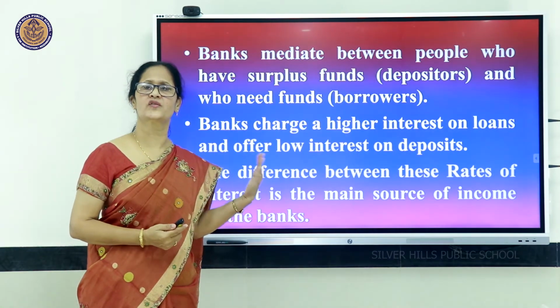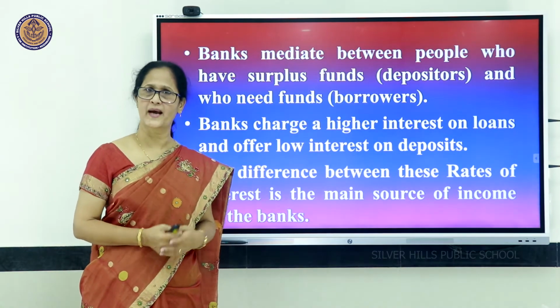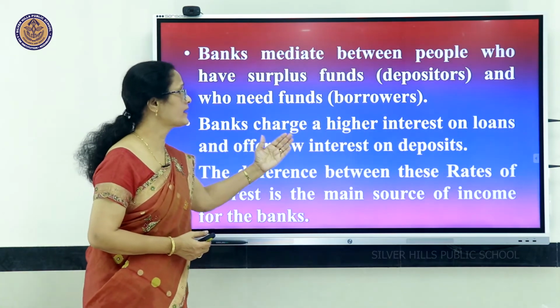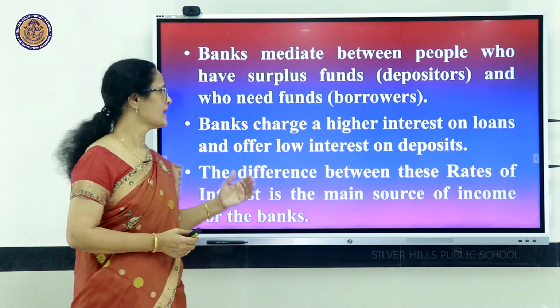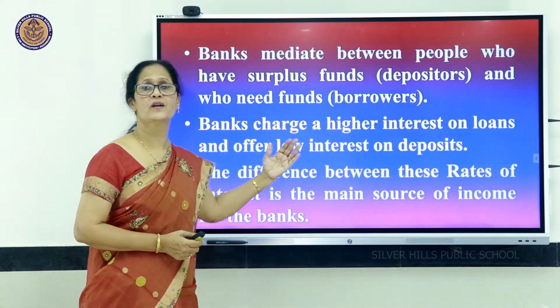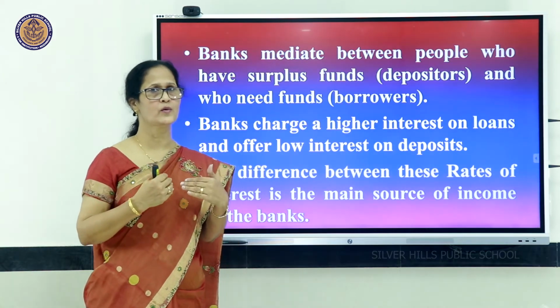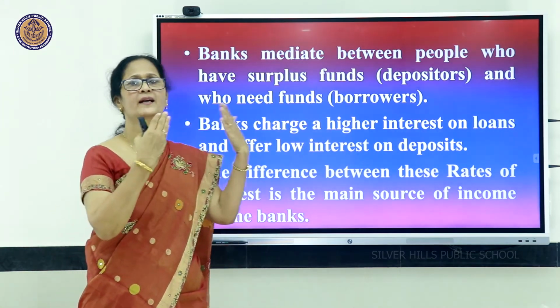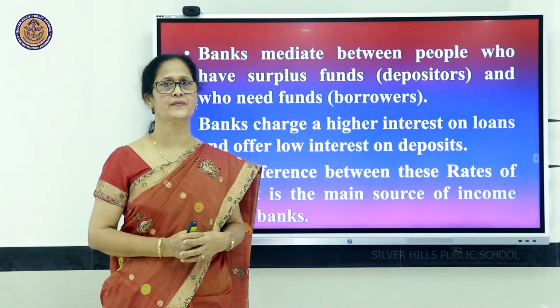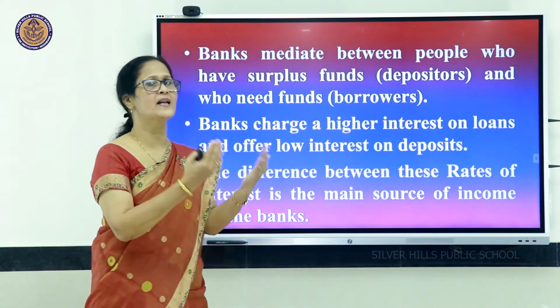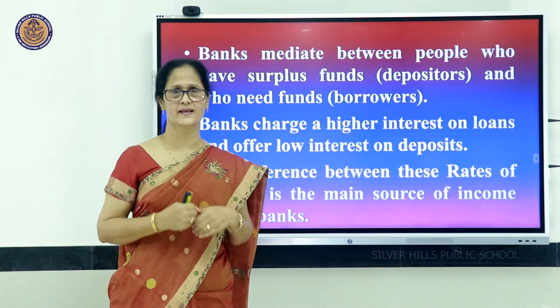Now, what is the interest of the banks in this? Why are the banks doing it? Banks charge a higher interest on loans than they offer on the deposits. So, when we are taking a loan, we are paying the bank a higher rate of interest. When we are depositing our cash in the banks, they are paying us a lower interest.